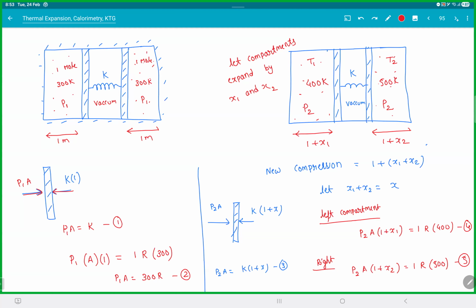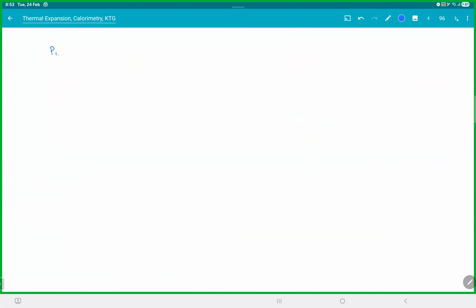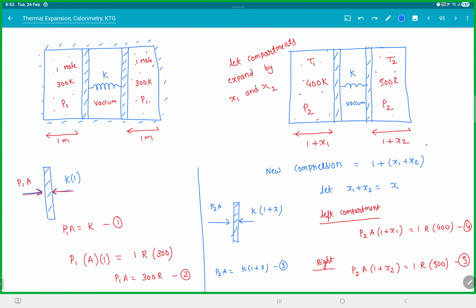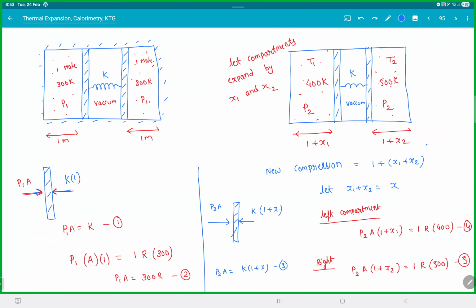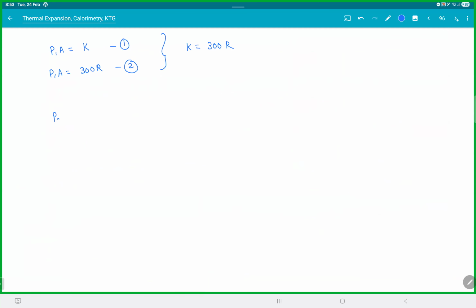So let me just put the equations again on the next page. So P1A is equal to K. That was your equation 1. P1A is also 300 R. So basically I can eliminate P1A. So I got the spring constant actually. Equation 3: P2A is K into 1 plus x.